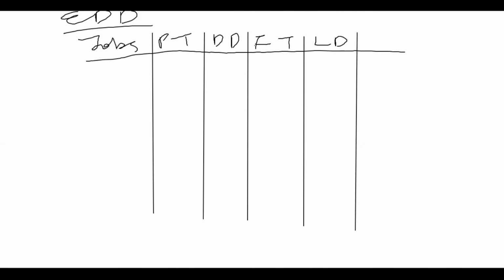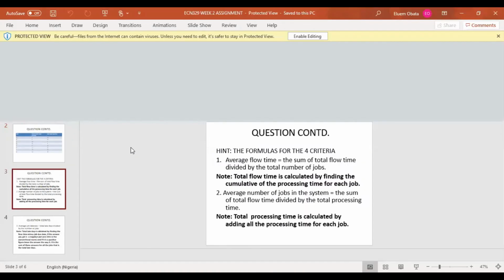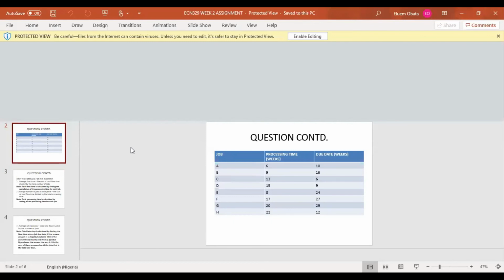If I can show you the question again. I don't know why it is appearing like this. It's Zoom's fault. But as you can see, these are our due dates. We want to take the shortest one first, which is 6, and that belongs to C. So we have C 13.6 first of all.